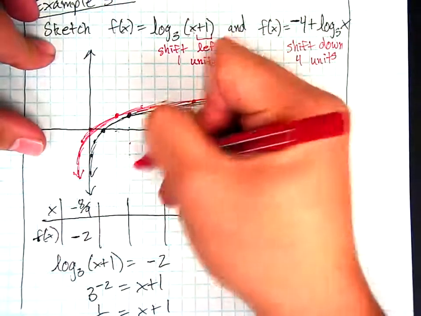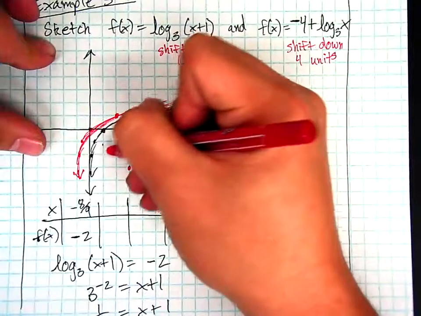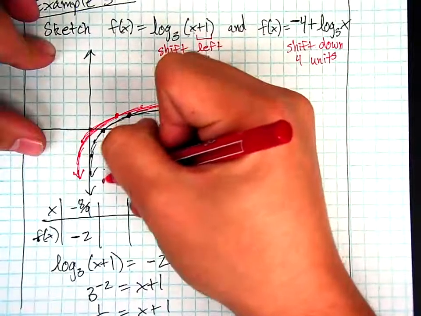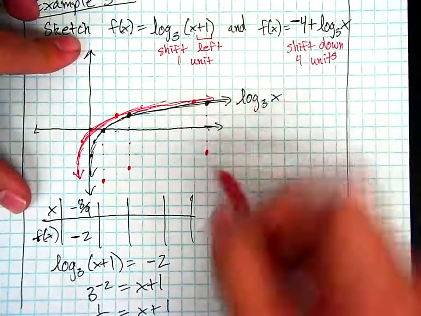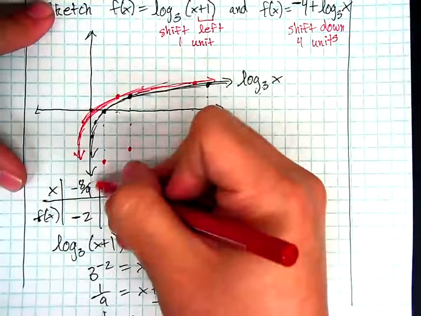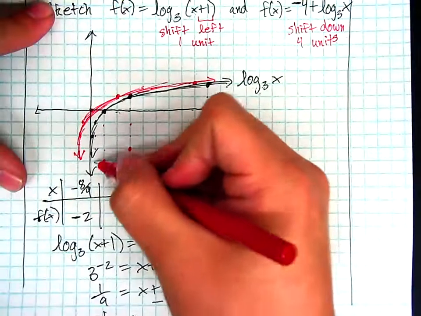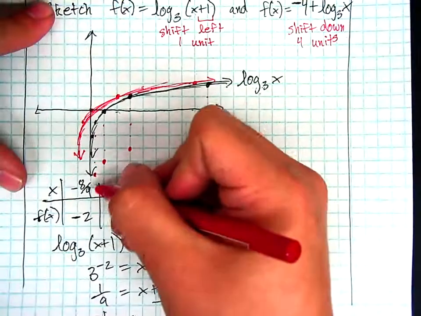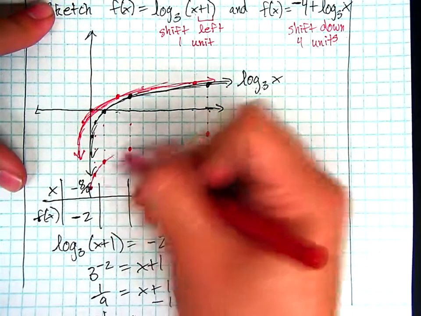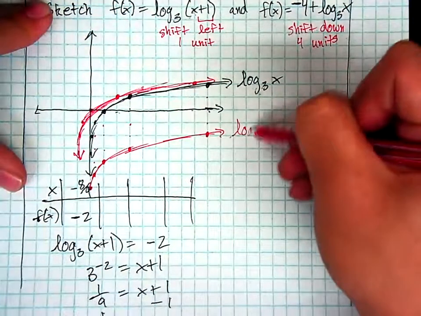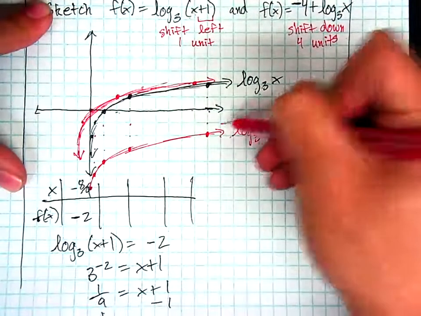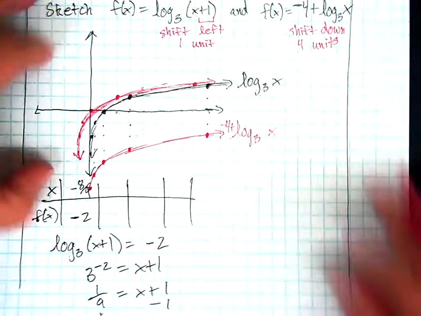Okay, so 1, 2, 3, 4. 1, 2, 3, 4. 1, 2, 3, 4. And it's going to go super low. 1, 2, 3, 4. Somewhere down here. This would be log 3 x minus 4.